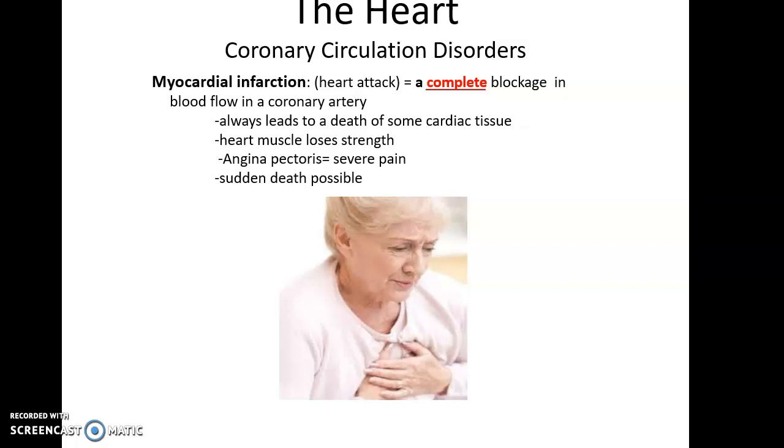Although it turns out there are other forms of pain that can be associated with a heart attack. It turns out a significant number of women, when they have heart attacks, actually experience the pain as more of an abdominal pain. And of course, heart attacks not only weaken the heart, but also can lead to sudden death.